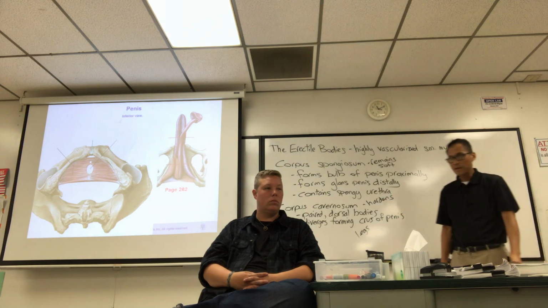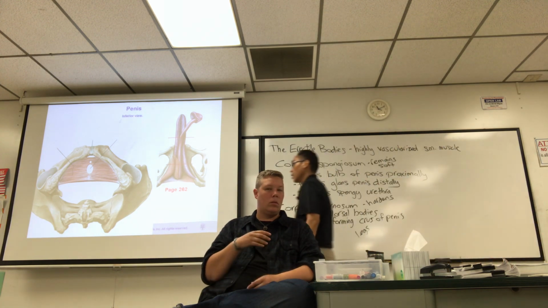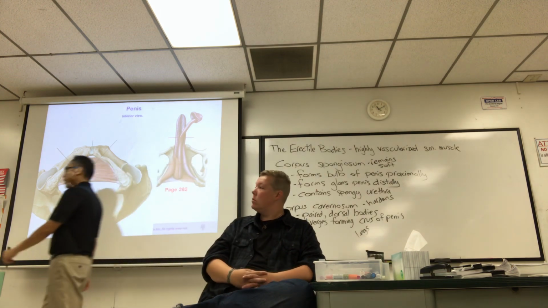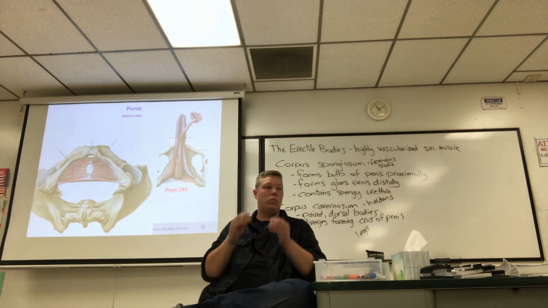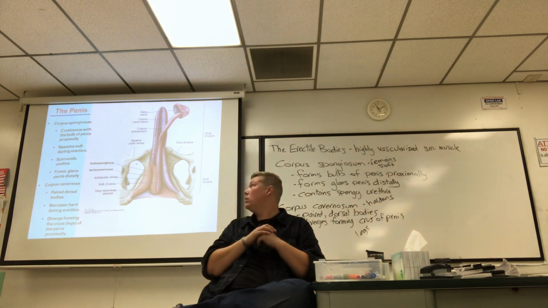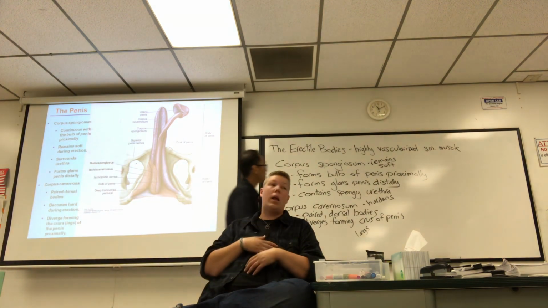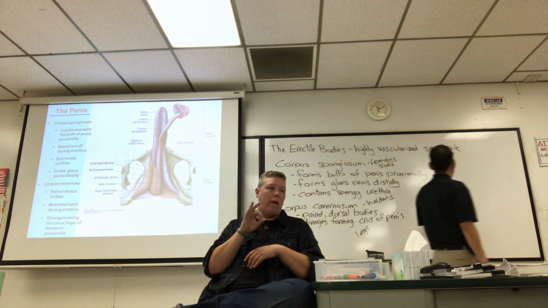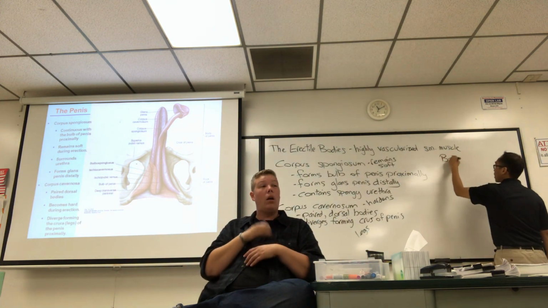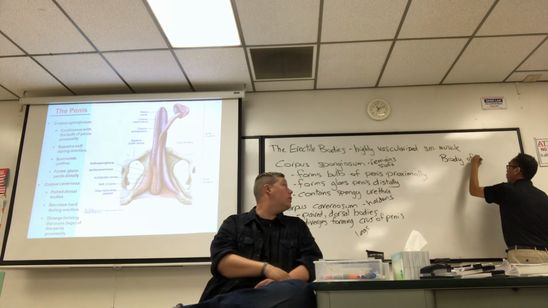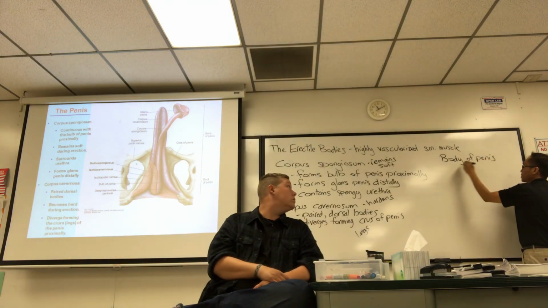On the next slide, there are additional labels for the penis. They show body and root of penis. Now, the body of the penis, well, that's simply the part you can see.